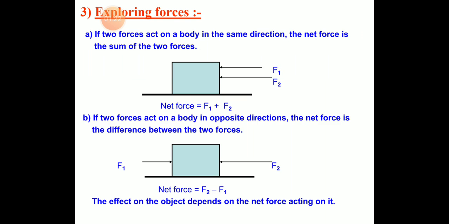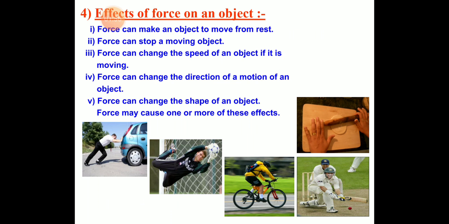If two forces act on a body in opposite directions, F1 is acting in one direction and F2 is acting in the opposite direction of F1, so the net force will be the difference of the two forces, which means net force will be F2 minus F1. The effect on the object depends upon the net force acting on it in both examples.